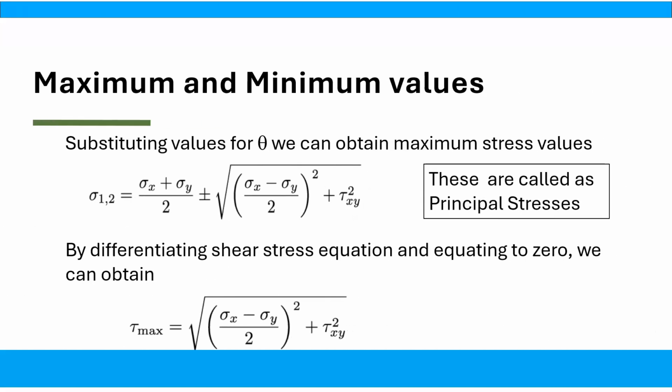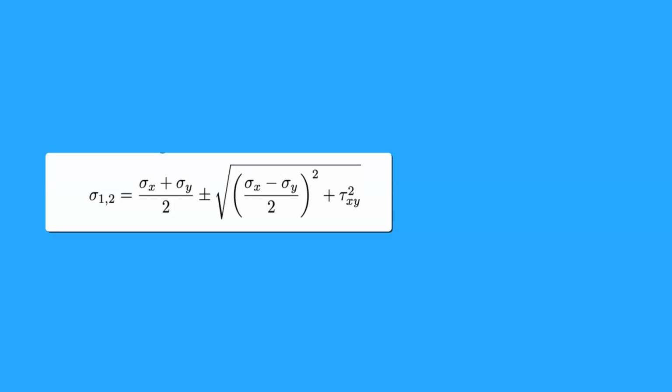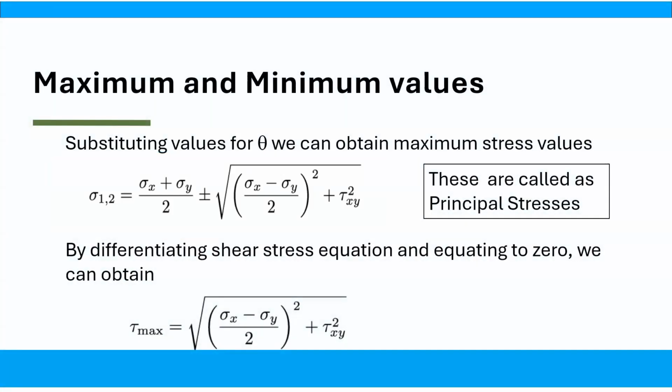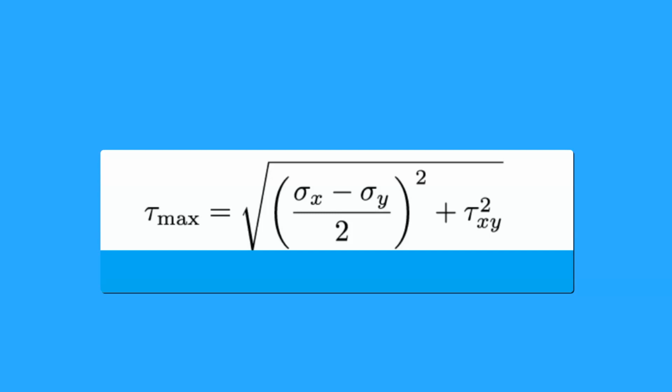By substituting the angles for the maximum and minimum stresses in the normal stress equations, we can obtain the maximum and minimum stresses. Also, by differentiating the shear stress equation, we can obtain the maximum value for shear stress.